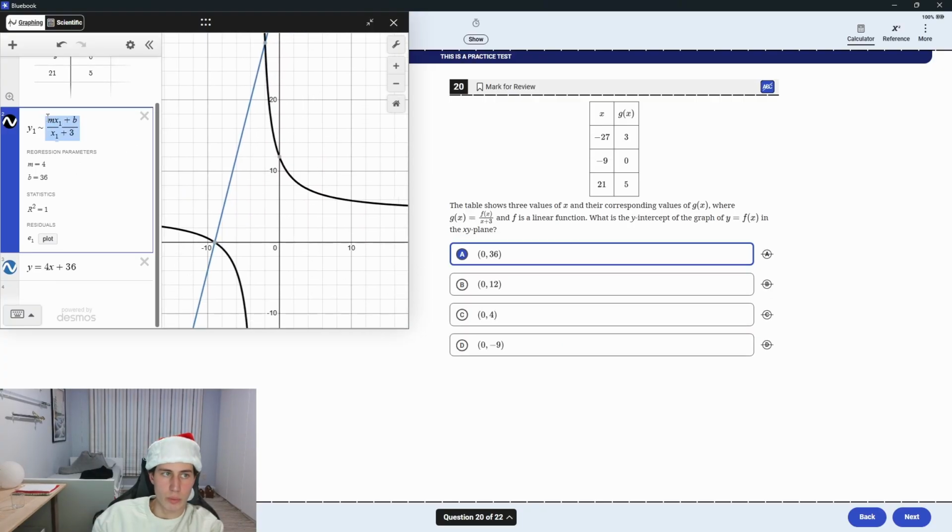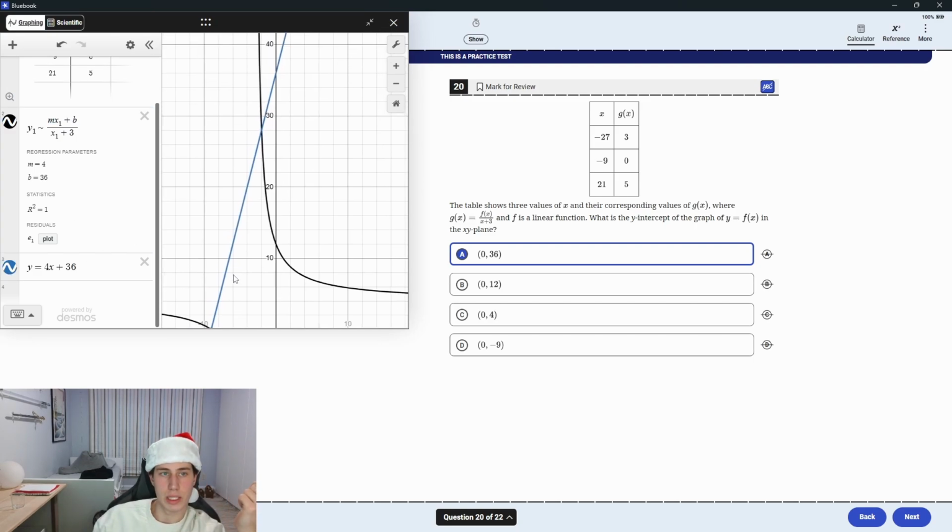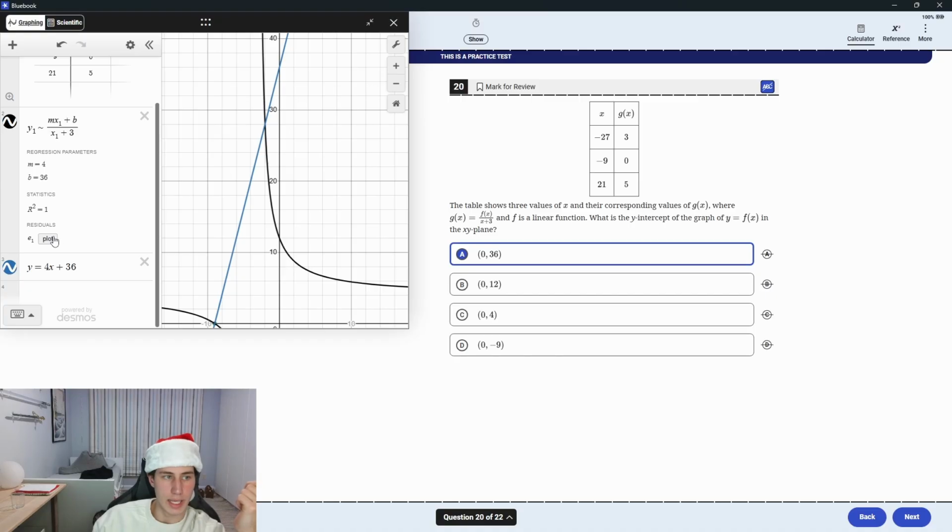So now we are essentially rewriting this into a linear form so that Desmos gives us the equation of that line to satisfy what the parameters are that it's giving us. And when it's doing that, we then graph that line that it gives us, and we find out that this intersects at 0, 36, which is our y-intercept.